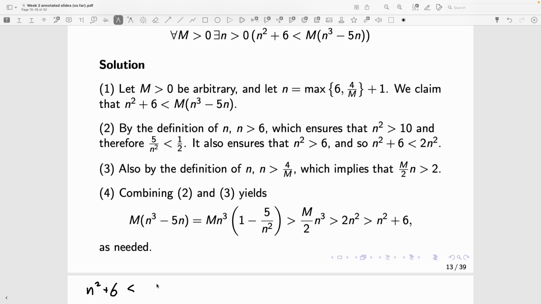N squared plus 6 is less than some sort of less complicated expression that we get by manipulating it, is less than some other less complicated expression that we're going to get by manipulating this side of the inequality. And that's less than the original big side of the inequality.